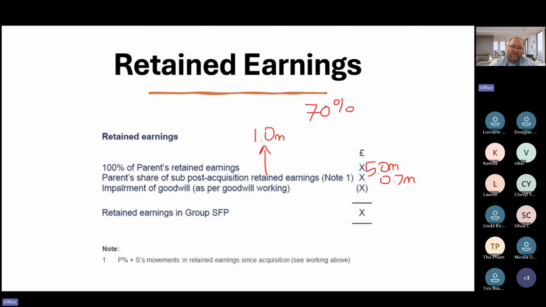And then earlier we said that we'd impaired the goodwill by £200,000, 0.2 million. So we've actually got group-wide retained earnings of 5.5 million.